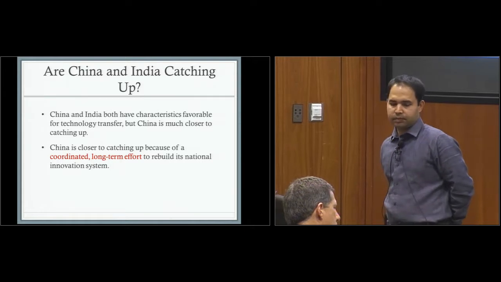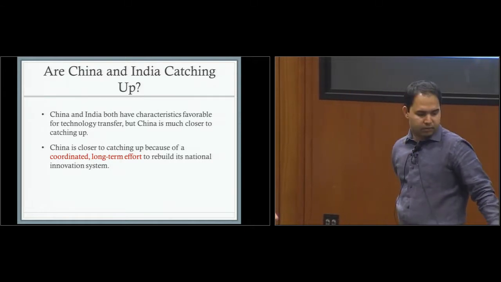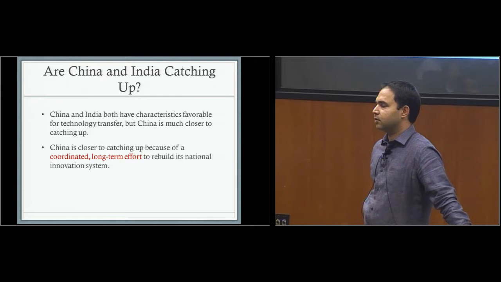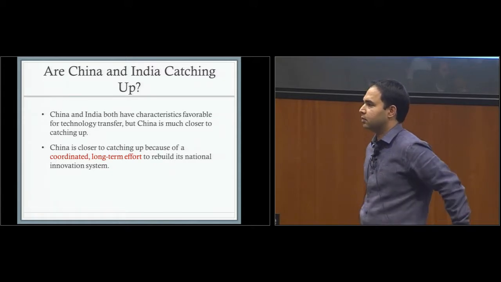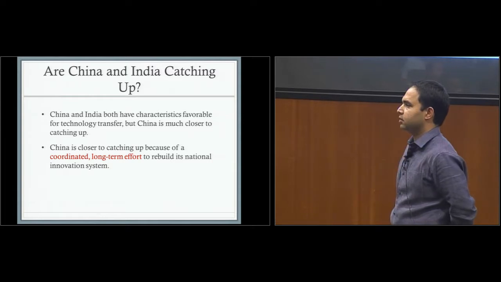And they systematically set up very small synthetic fiber plants. It worked okay in cotton textile, but it was a big disadvantage in synthetic fiber. China, on the other hand, went for the state-of-the-art scale in that area.